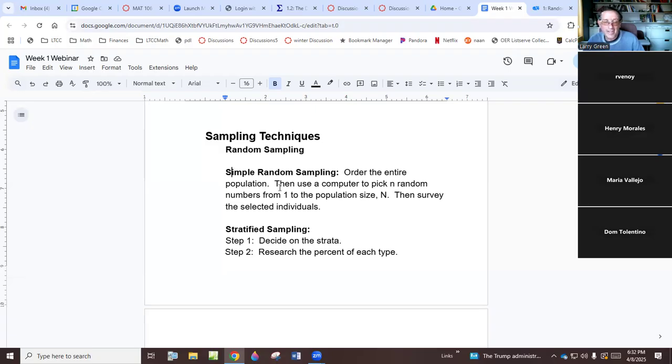And you want to make sure that every group of 1,000 different people is just as likely as every other group of 1,000 different people to answer your survey. Does that make sense? So another one that's very difficult to do. Any questions on random sampling and simple random sampling?